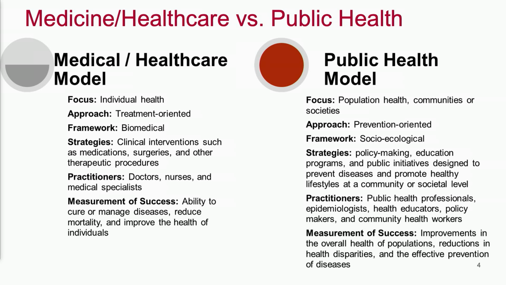Finally, the medical model is a key component of the healthcare delivery system. It focuses on clinical services, while the public health model encompasses a broad range of systems, including policymaking, public education, and environmental health. That's what we expect AI to do for public health, addressing these different sectors.